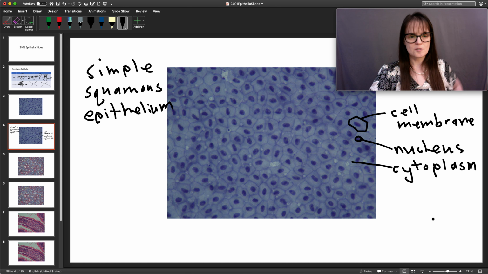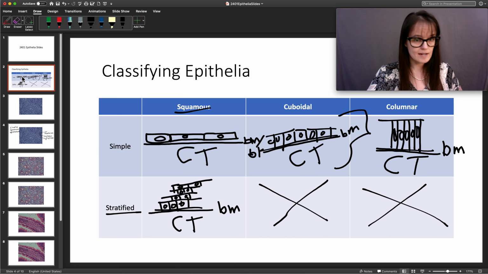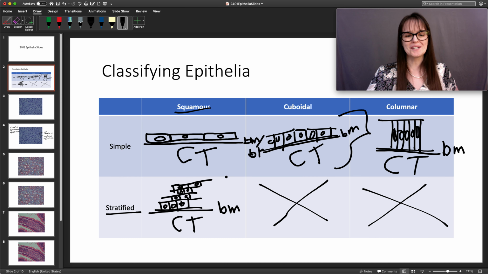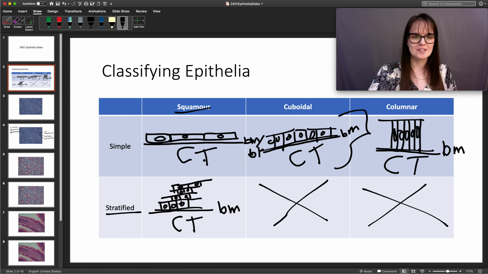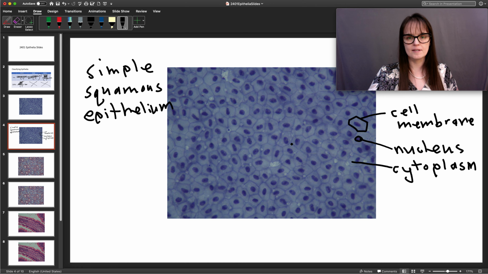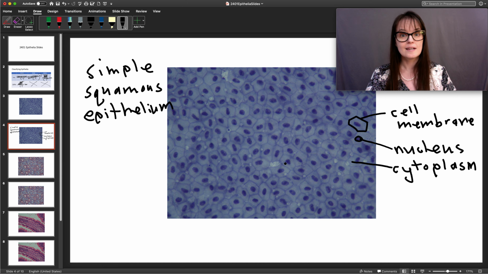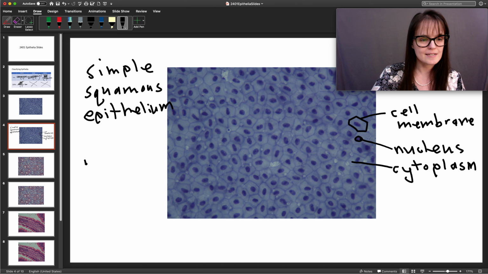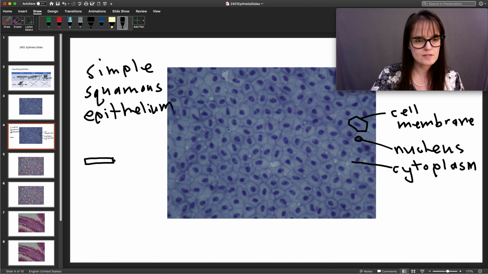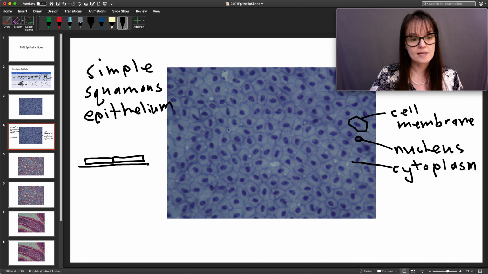So next question, why does this look absolutely nothing like what I drew here? What I drew here is a cross section. So imagine if you're looking down at a tile floor, you're looking at this. What if you drew a cross section of a tile floor? Well, you'd have long skinny tiles, and under that you'd have like a vapor barrier, and under that you'd have subfloor.